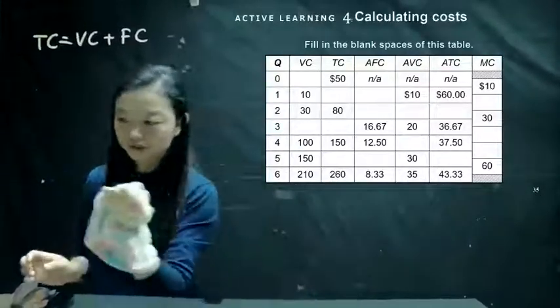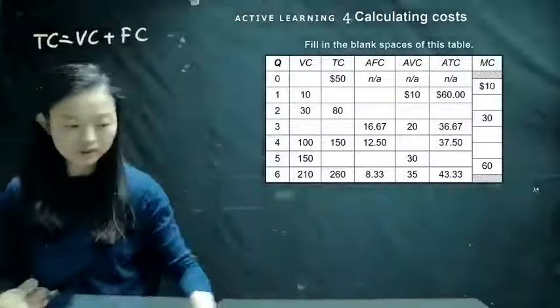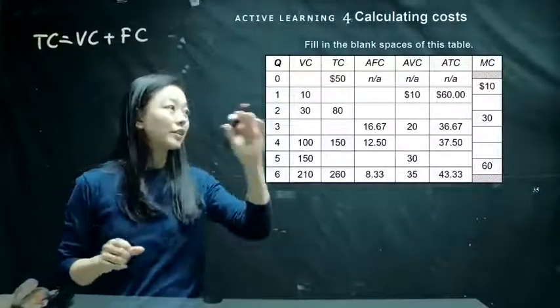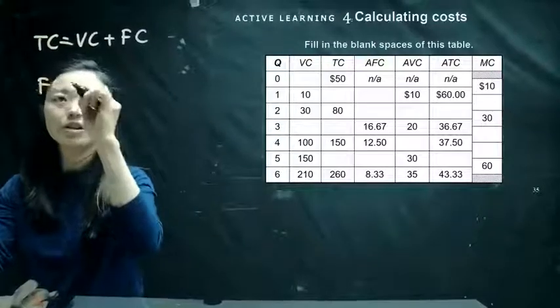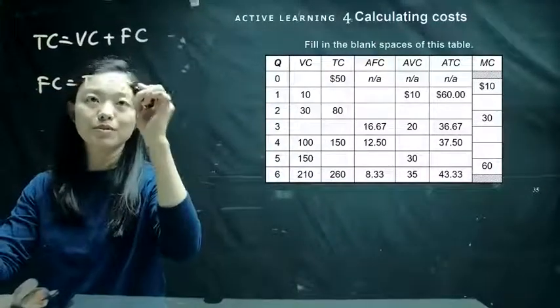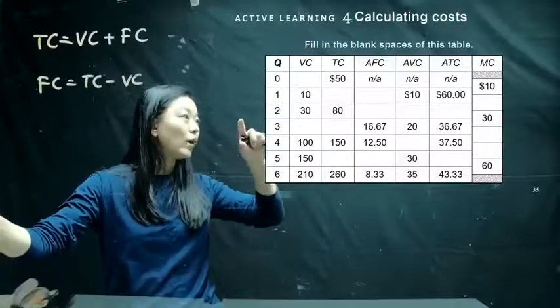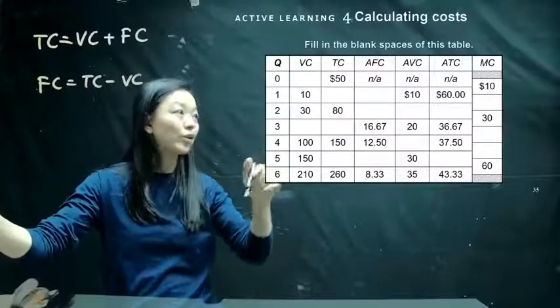So here, look at the fixed cost, which just equals the total cost minus the variable cost. Look at the fourth row, when output equals 4 units.